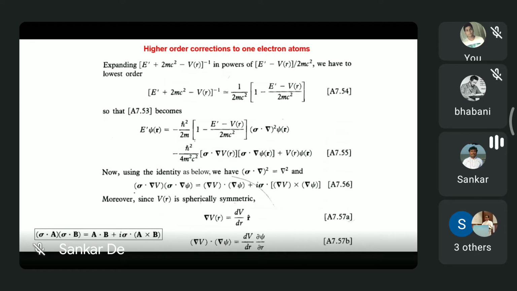Yes, and now, assuming this form in the non-relativistic limit, taking just the first two terms, we can put this back in the earlier equation, and therefore we get equation 7.55. You can check whether that matches.